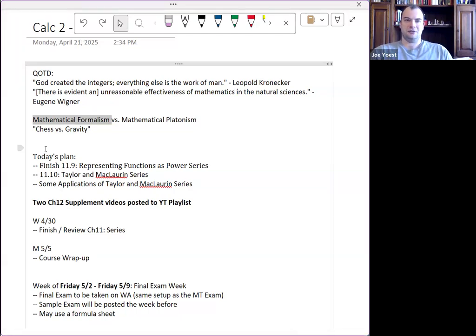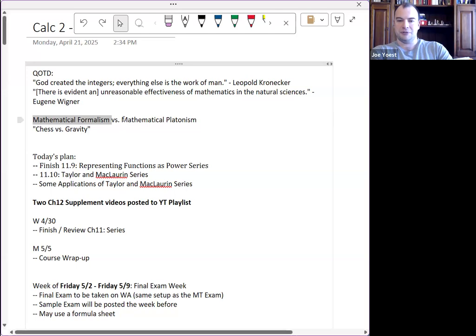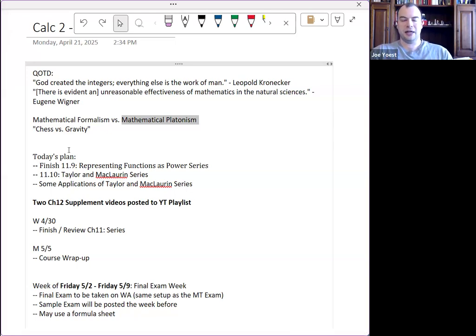It's essentially a set of rules and a logical system that we implemented, that we created, and it's not something inherent to the universe. Versus mathematical Platonism, named after Plato, the Greek philosopher, where the thought process is something more along the lines of these mathematical ideas are somehow inherent in the universe and we're discovering them.